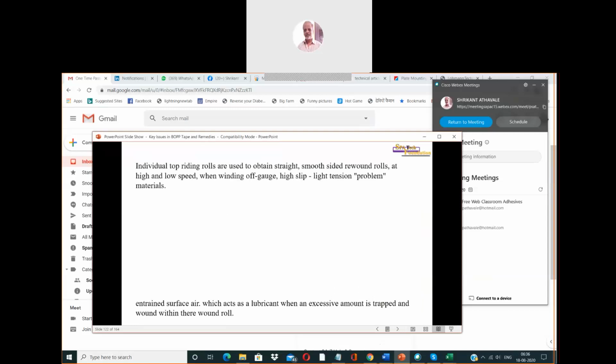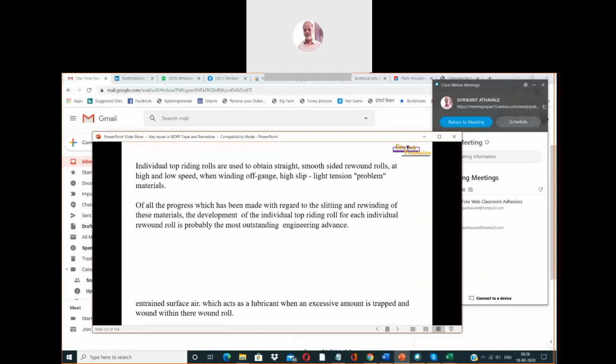Individual top riding rolls are used to obtain straight, smooth-sided rewound rolls at high and low speed when winding off-gauge, high slip, light tension problem materials like films.